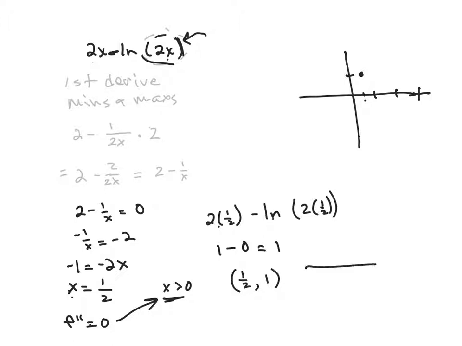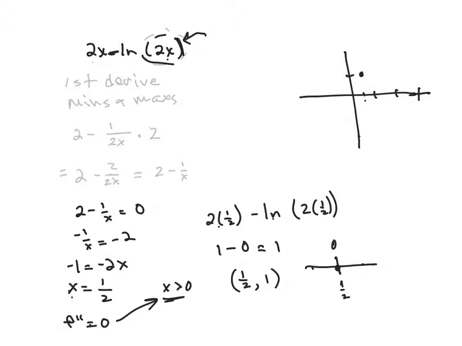Now, the way that I'm going to be able to tell a little bit about this graph without doing too much. So I have this is my 0 of my derivative. I want to see what happens on either side of this minimum or maximum.